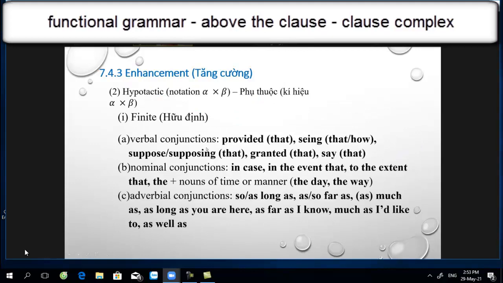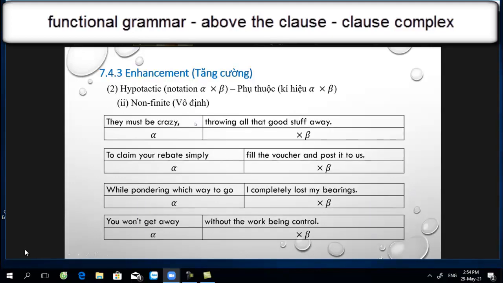And they have pointed out some verbal conjunctions: provided that, seeing, supposing, granted, say; nominal: in case, in the event that; adverbial: so long as, so far as, and so on. And they are alpha, multiply, beta.